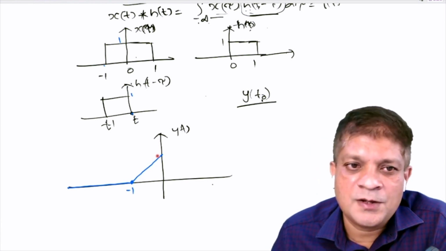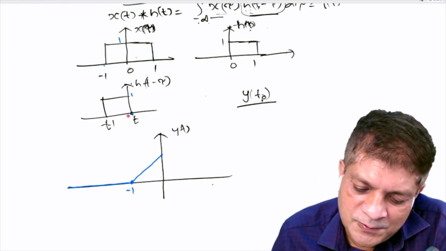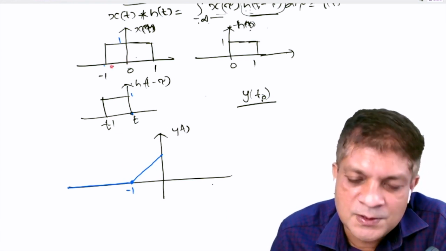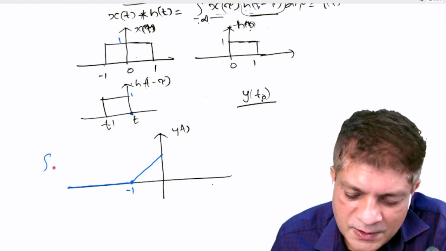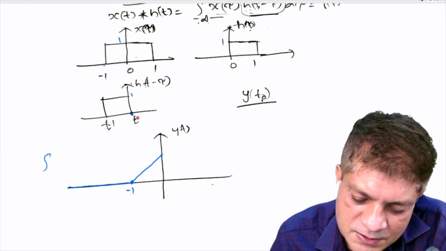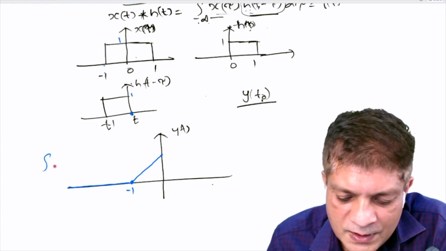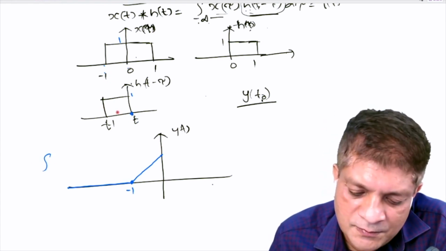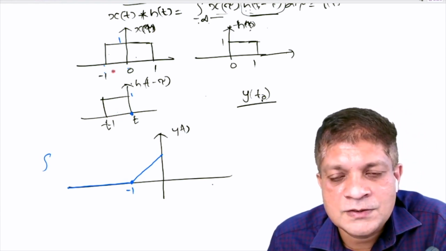Yes. And if you want to find the integral, what will be the expression for the signal in this interval between minus 1 and 0? I am saying that this t is in between minus 1 and 0. Where will that integration start if you multiply these two signals? What is the lower limit?